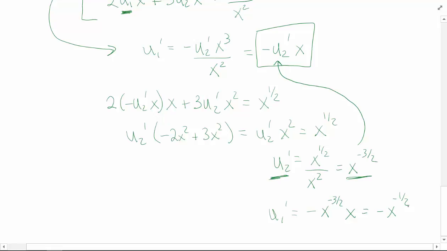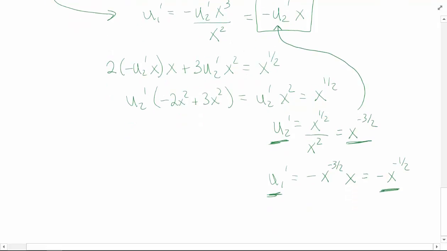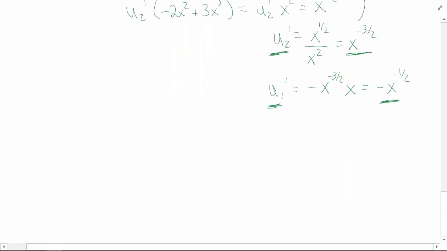So now I have u1 prime and u2 prime, which means I can integrate them to find u1 and u2. So u1 will be the integral of negative x to the negative 1/2 dx, which gives me negative 2x to the 1/2.